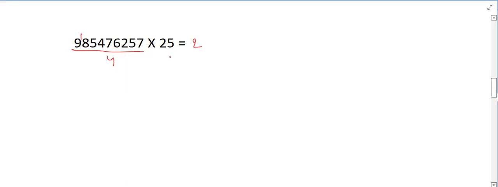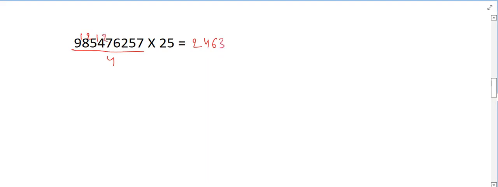Now it is 18. 4 times with remainder 2. Now it is 25. 6 with remainder 1. Now 14. 3 with remainder 2.